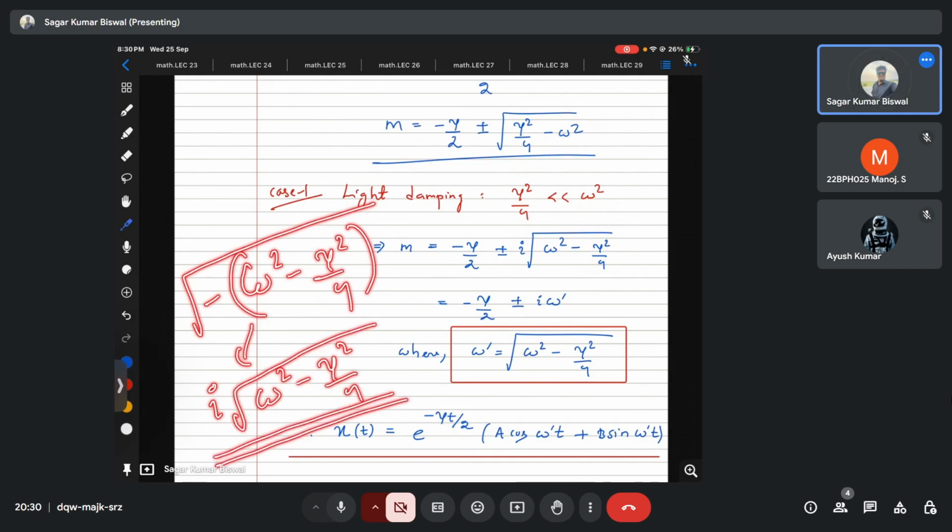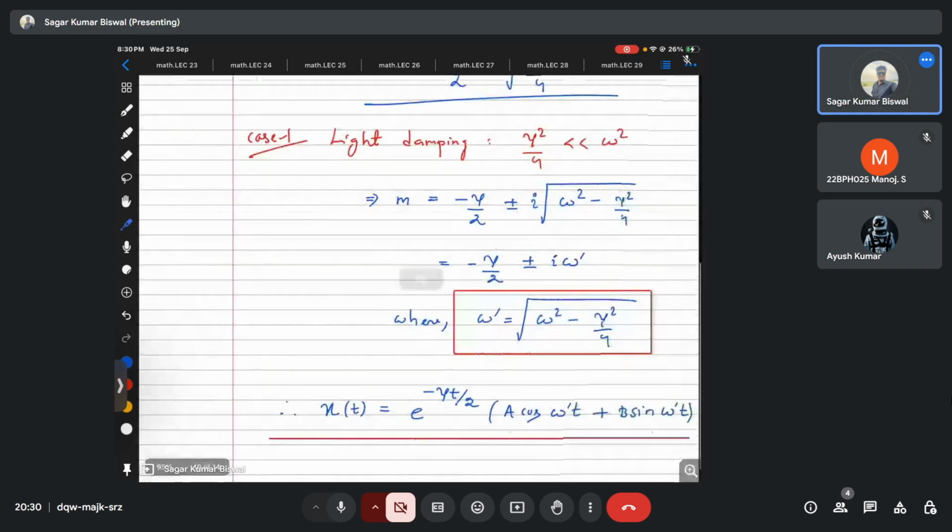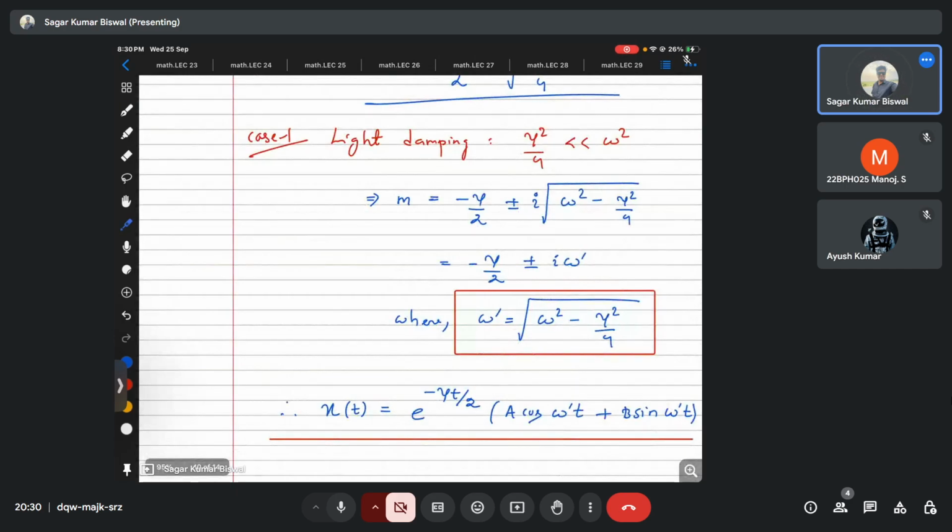So this m will now be minus gamma by 2 plus minus i omega dash. And what is omega dash? Omega dash is the root of omega square minus gamma square by 4, right?